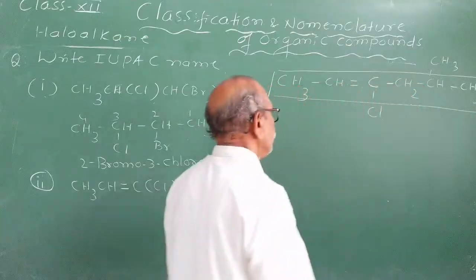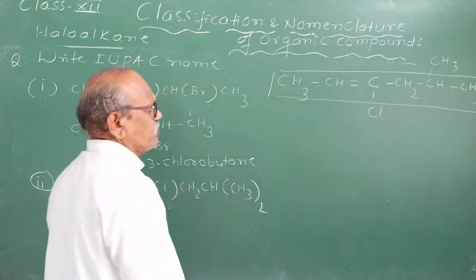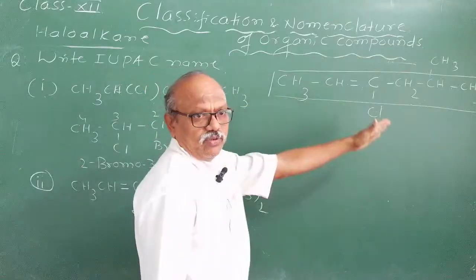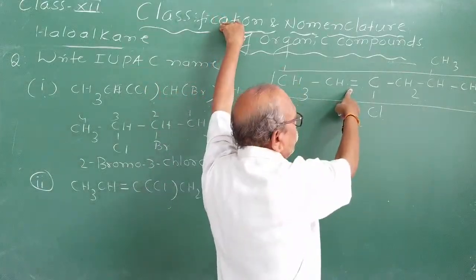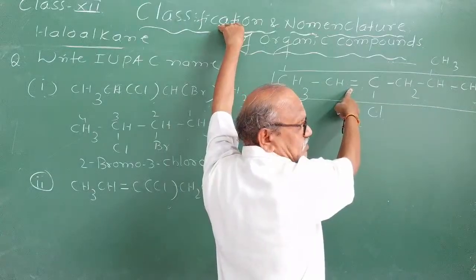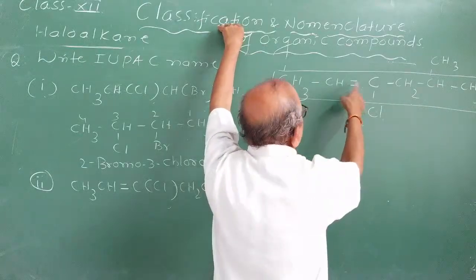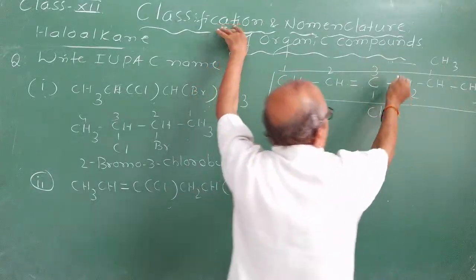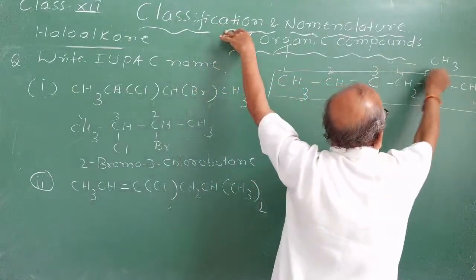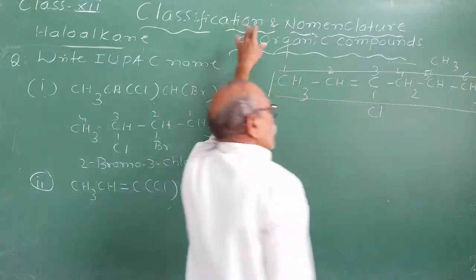Write the name. Number from which end? Left to right. Because whenever a double bond comes, I will give you the order of preference. 2, then you will get 3, then 4, 5, 6.